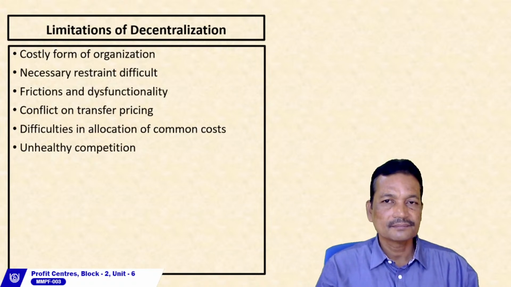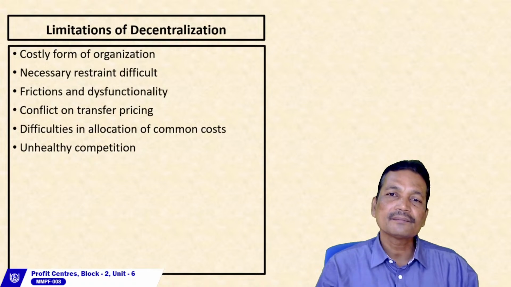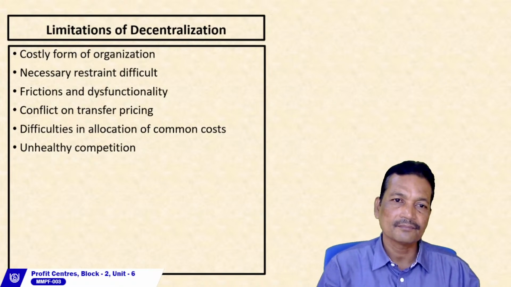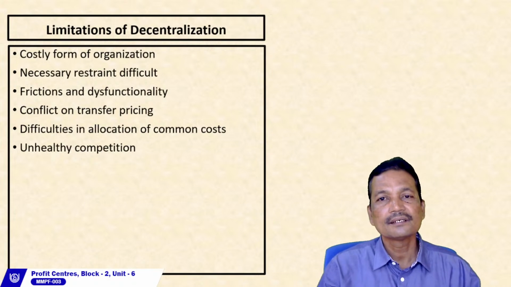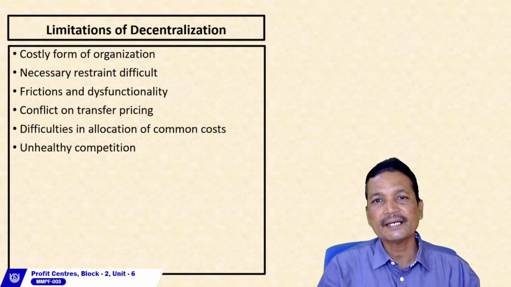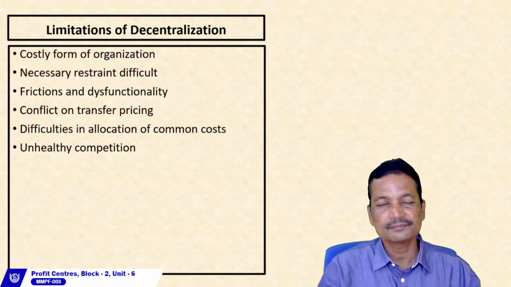Sometimes what happens, the output of a particular division becomes the input of another division of the same organization. Now here the question arises, since both of the profit centers or divisions belong to the same organization, what should be the price that should be set for transferring the items?